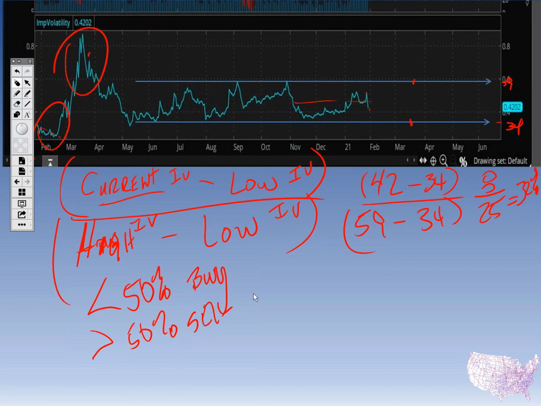Now, if you have a lower risk tolerance, I have no problem with you saying, okay, if it's less than 30%, I buy, and if it's greater than 70, I sell. Okay, it's going to limit your opportunities, but it will get you to a point where you are literally buying some of the cheapest you can get and selling some of the most expensive you can get.